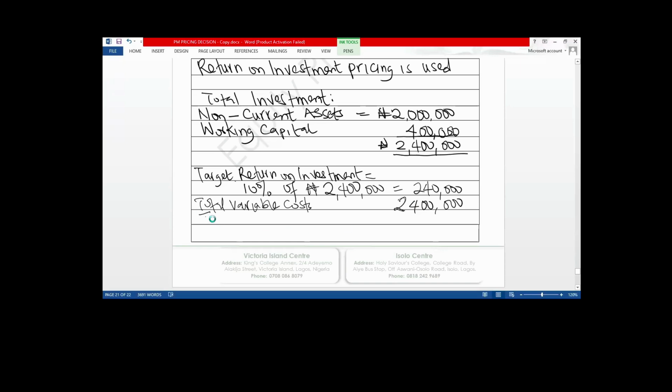Our total fixed cost is 400,000. Please sum these three together: target return plus total variable cost plus total fixed cost. 3,040,000.